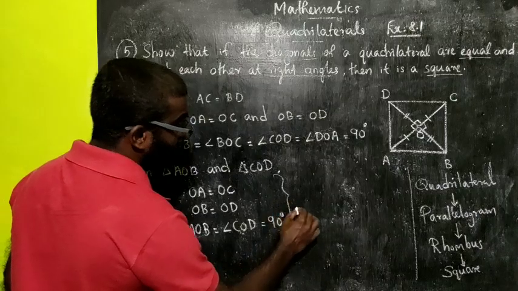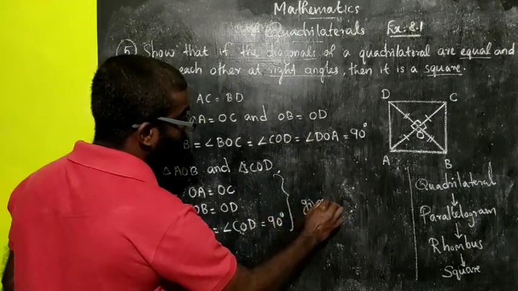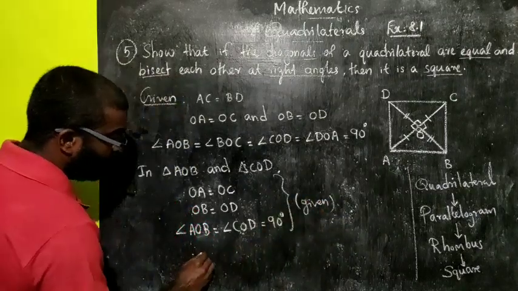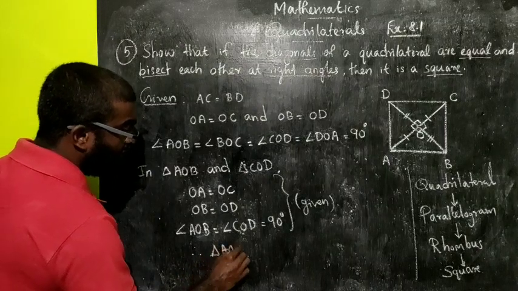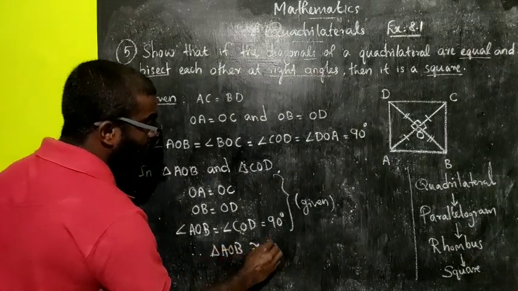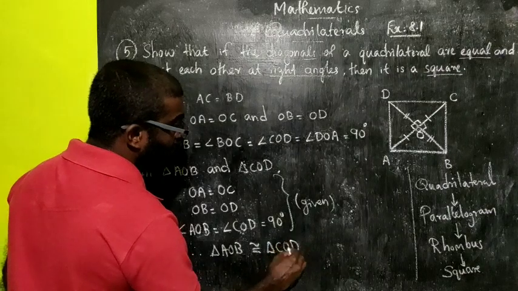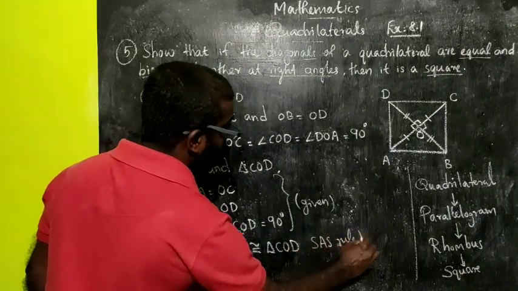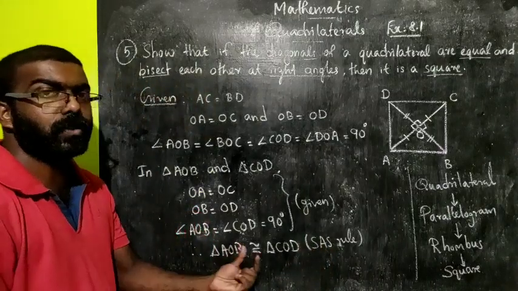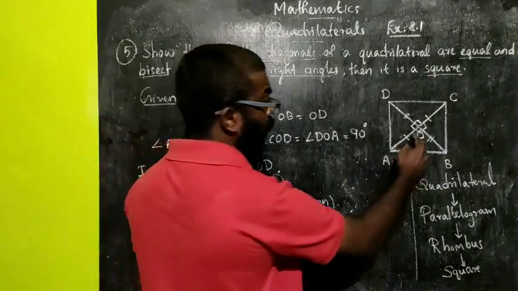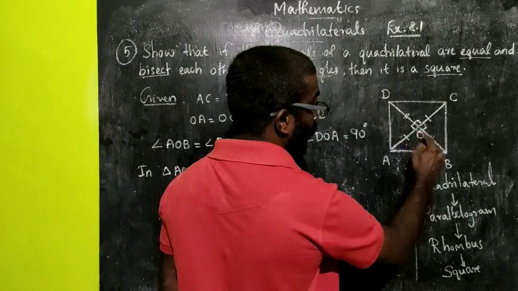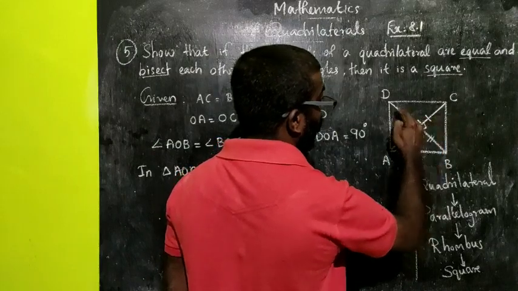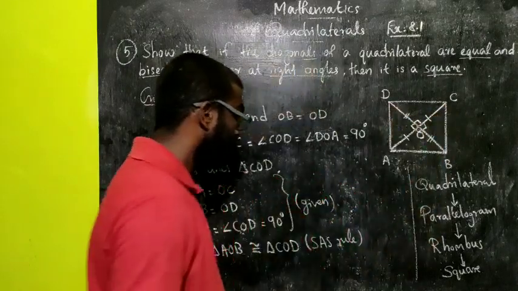So this much is given in the statement. Therefore, triangle AOB is congruent to triangle COD by the SAS congruence rule. Side, angle, side. Two sides and the included angle. Here OA, OB, included angle AOB; OC, OD, included angle COD.